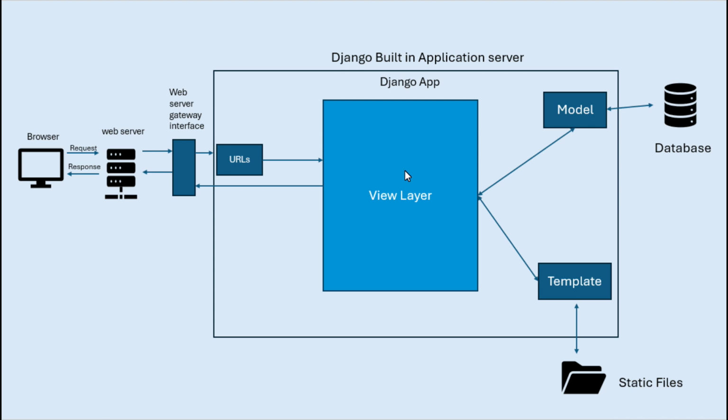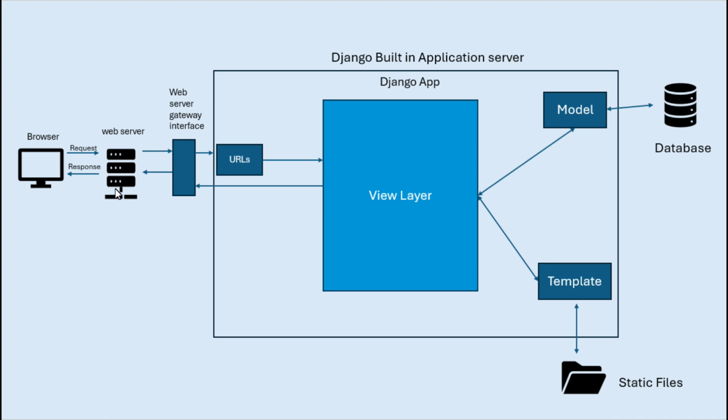The view interacts with the model to fetch or update data, passes this data to the template, and finally returns the rendered HTML back to the client. This clear separation of concerns makes Django applications modular, maintainable, and scalable, while the built-in server simplifies the development process by allowing developers to quickly test their applications.